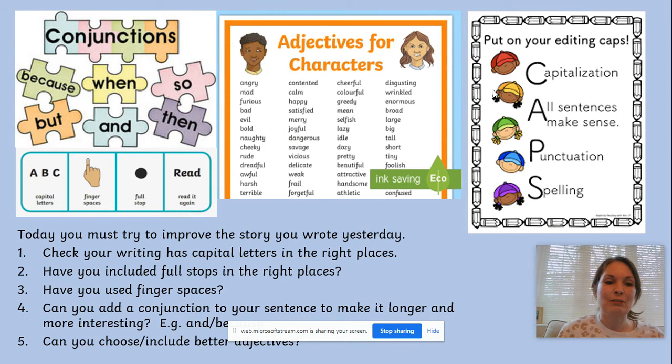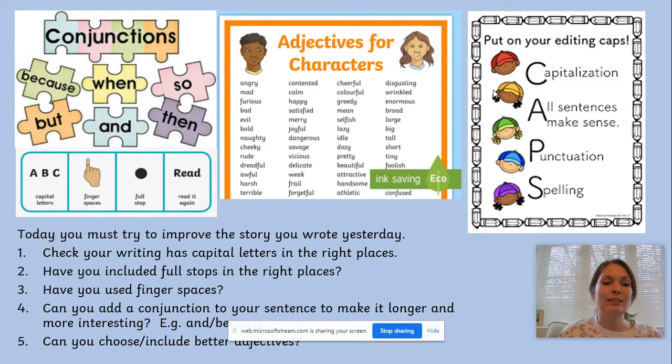So today is all about checking and trying to improve the story that you wrote yesterday, and we call this editing. So, number one, we must check that your writing has capital letters in the right places.